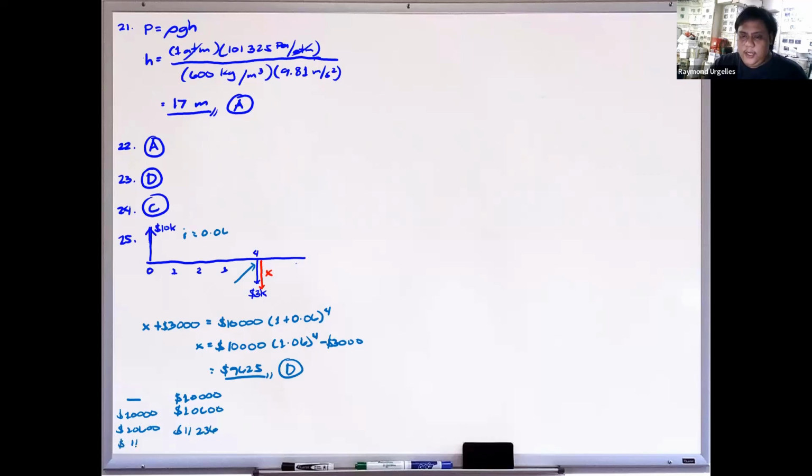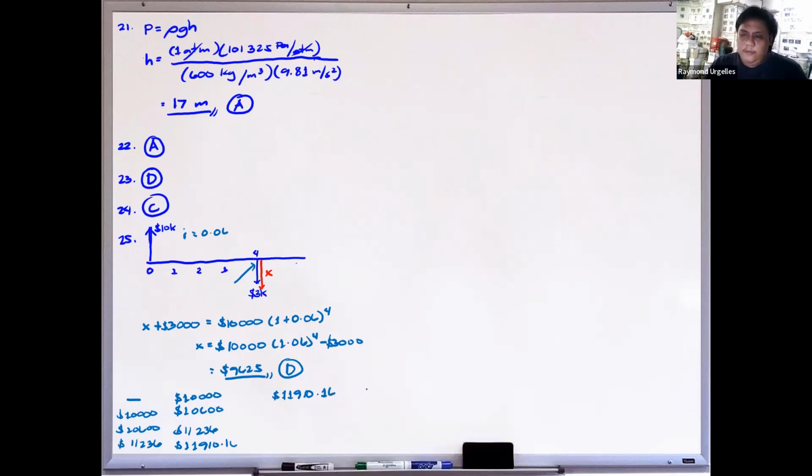So that's $11,236. After 3 years, multiplied again by 1.06, we get 11,910.16. Then this is the end of the 4th year, so the 11,910.16 is the opening of the 4th year.